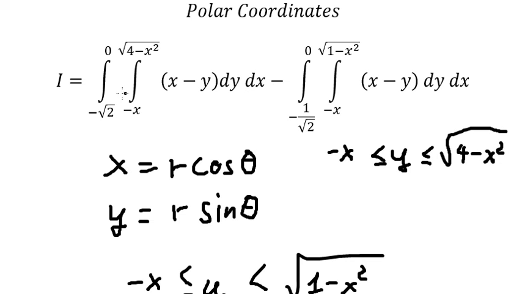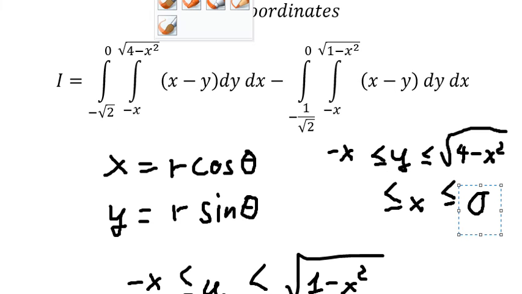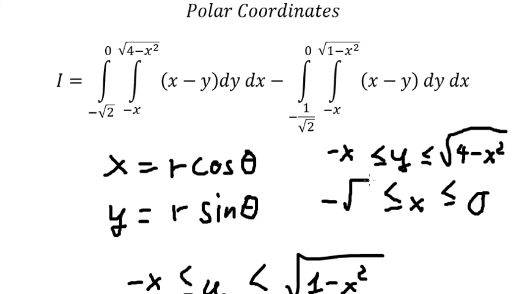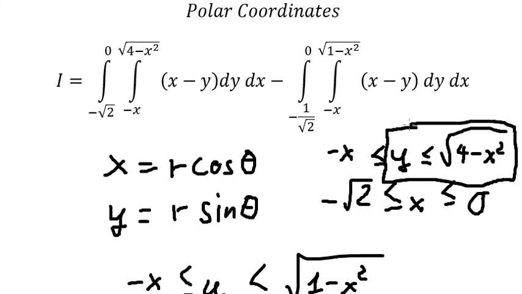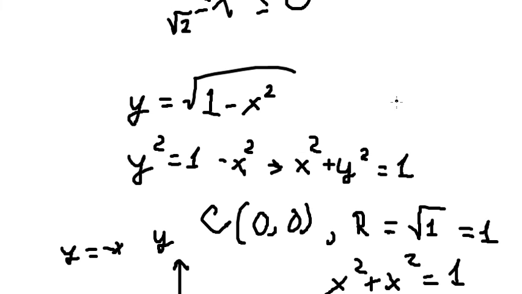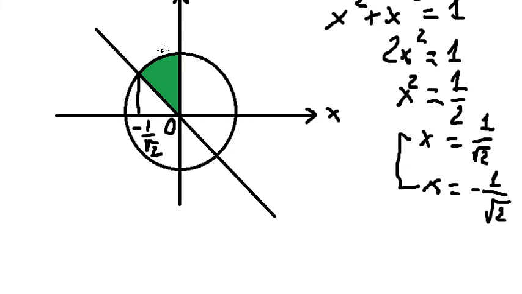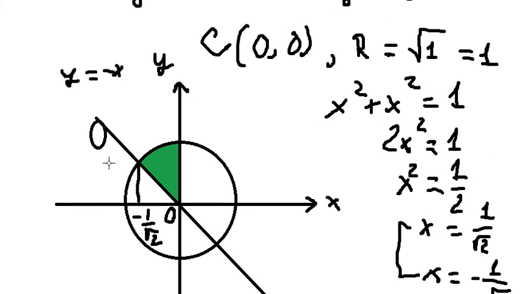The x is from negative the square root of 2 to 0. So we need to draw this one, and we know that this is x squared plus y squared equals 4. So the second circle is this one.